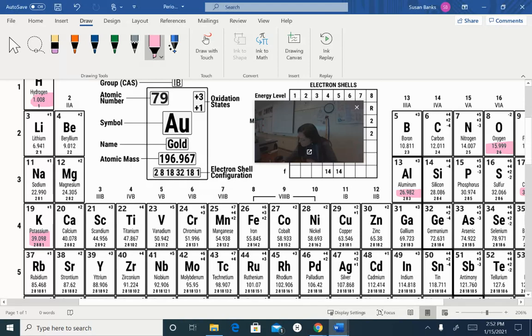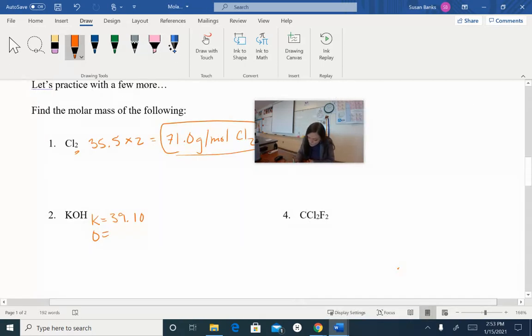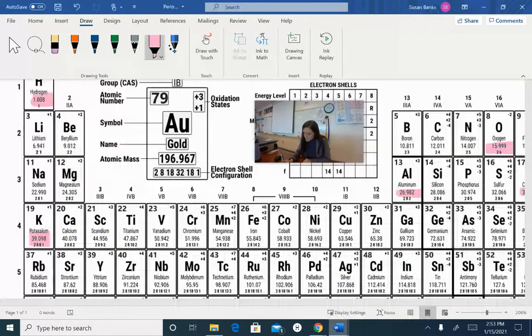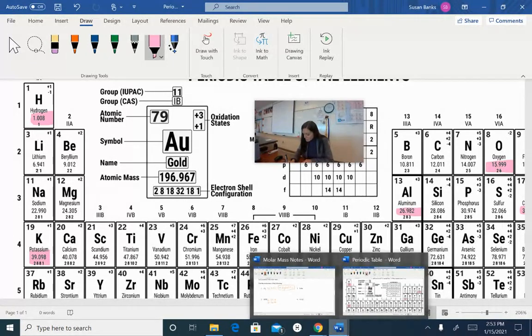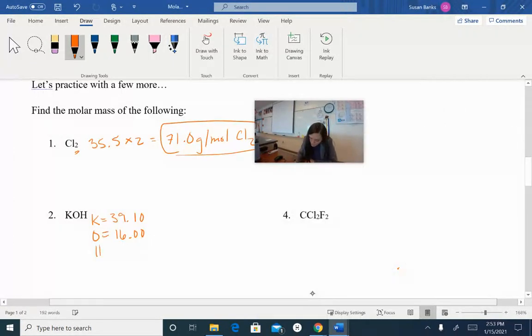Oxygen is 15.999. That 9 in the hundredths place tells that 9 in the tenths place to round up, which means we have to round up to 16.0. And hydrogen, I'm writing these to the hundredths out of habit. Hydrogen is 1.00, so that 0 in the hundredths place tells me to leave that 0 in the tenths place alone. So 1.0.